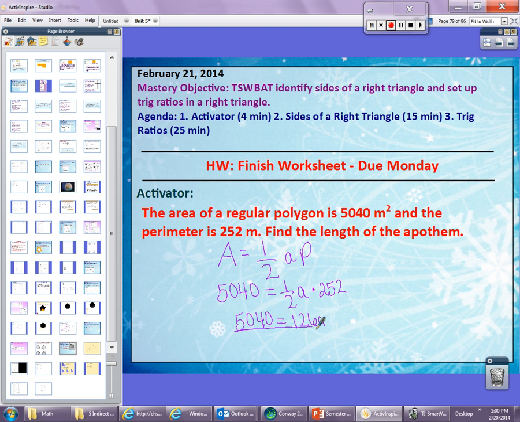Now you're going to divide both sides by 126. The apothem is equal to 5,040 divided by 126, which gives you 40. That is the apothem, in meters. So that's an example of working backwards in a problem if you have the area and you need to find one aspect or another of a polygon.